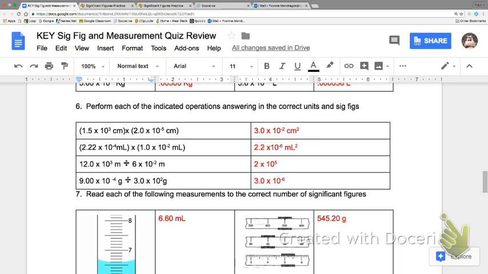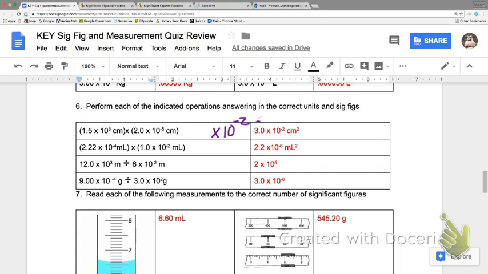Let's take care of the exponents first. We have 3 plus negative 5, and that's going to give us negative 2. Once we have our exponent set, we say times 10 to the negative 2nd.